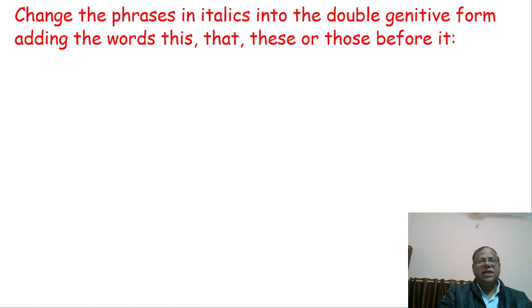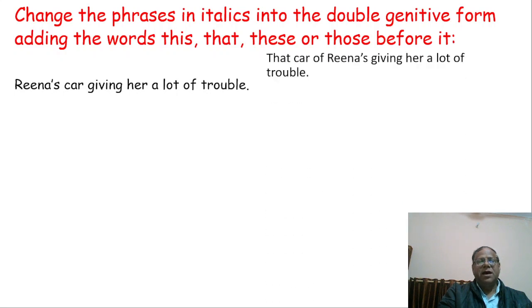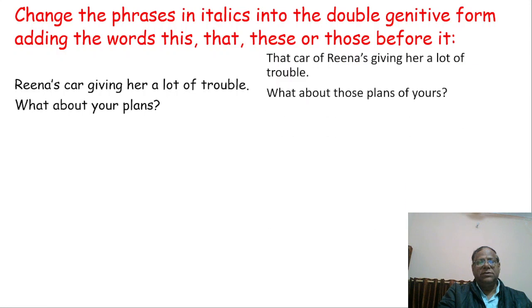Change the phrase in italics into the double genitive form, adding the words this, that, these or those before it. Rina's car is giving her a lot of trouble. And it is changed. इसको कैसे बदला गया देखिए. That car of Rina's is giving her a lot of trouble. What about your plans? What about those plans of yours?